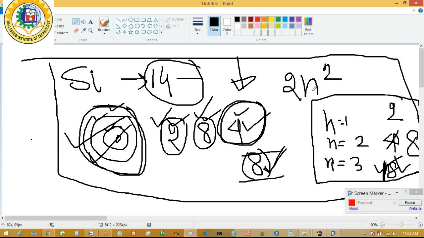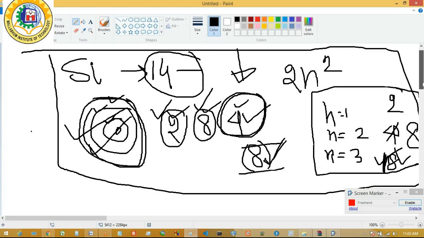If we look into silicon in a deeper manner, out of these 14 electrons there is a distribution of electrons.